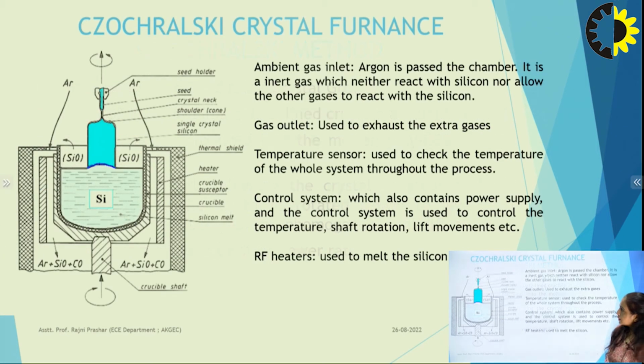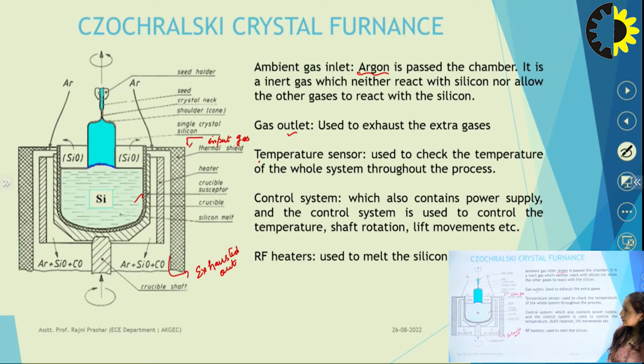So let us get to know how this process is done. When a seed crystal is attached here, that seed crystal is pulled down into the melted silicon and it will be pulled up within a fraction of a second, which will generate a layer of single crystal silicon on the seed.